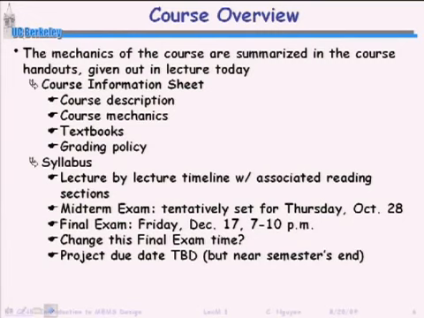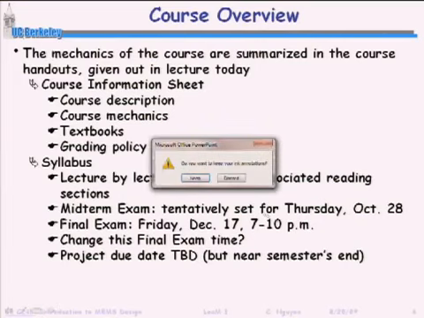And so let me get out of this mode and bring up that handout. All right, so let's look at the course information sheet first.